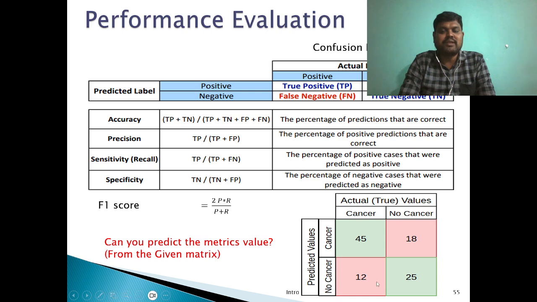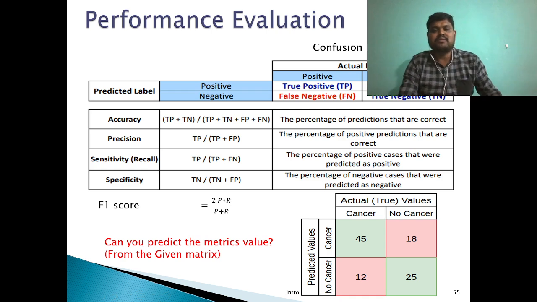So this is the confusion matrix. Based on the predictions given by the machine learning model, the program can generate the confusion matrix, based on which we can calculate all of these evaluation metrics, right?